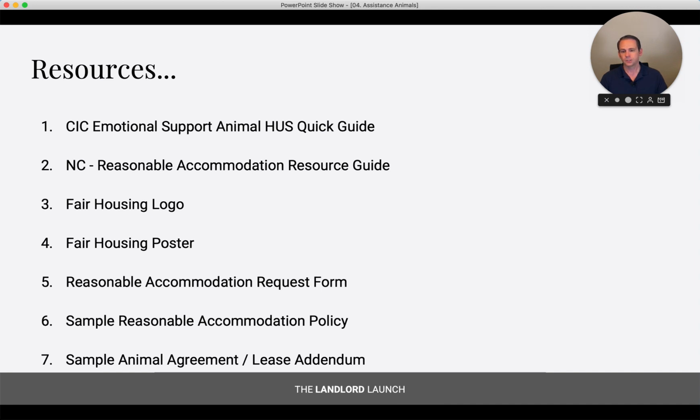I also have the sample reasonable accommodation policy, the written process. I have a sample one in there. Again, Word doc, download it, change it to meet your needs and put it into place. And then I've also included a sample animal agreement / lease addendum for you to use as part of your leasing packet as well.